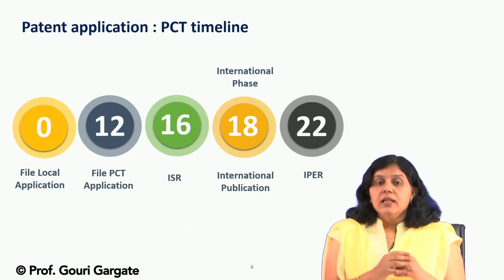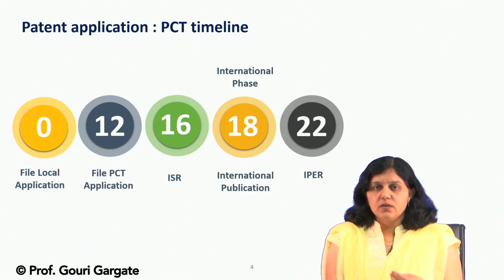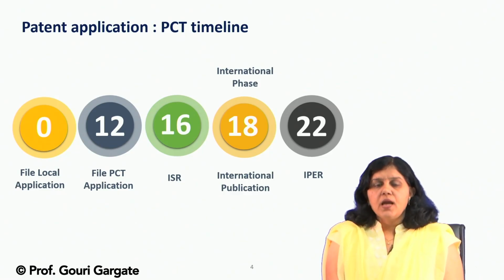At the end of the 22nd month you are getting this IPER. This is an optional thing, the International Preliminary Examination Report, and for that you have to pay an extra fee. So, it depends on the wish of the applicant, but the 16th-month ISR is an automatic thing.